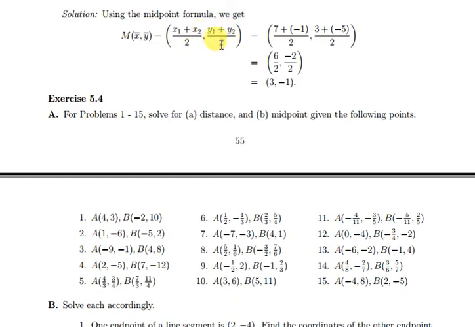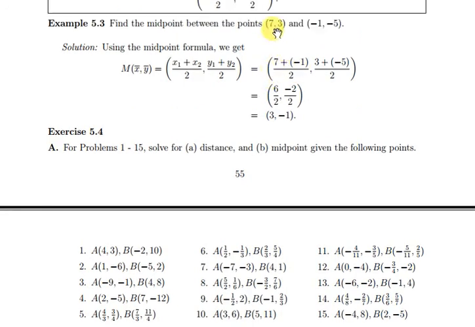Take note that there is a comma here, class, because it is a point in the Cartesian plane. It means it is a coordinate, the x and the y. It doesn't matter where you assign. Say you start here, this is your x sub 1, this is your x sub 2, it will always yield the same result.